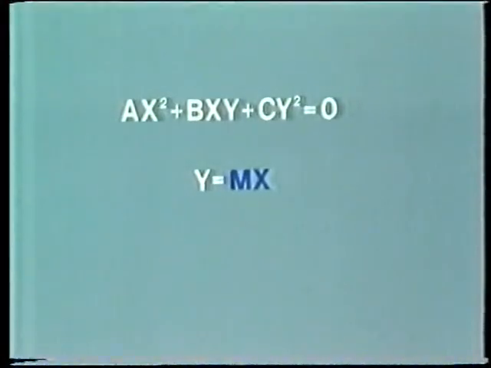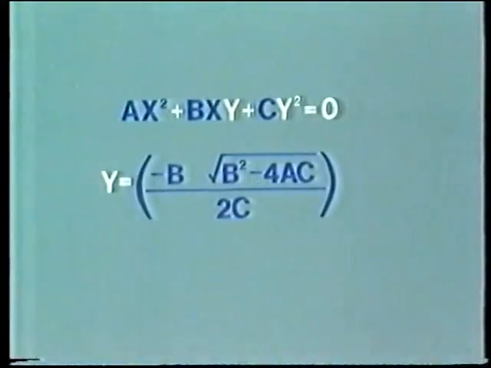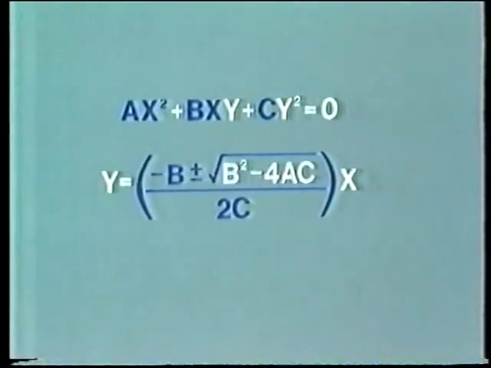Well, we can look at it as a quadratic in y, and we can use the formula to solve it, which gives us y equals something times x. And there are two values of the something, one for plus and one for minus. So if this rearrangement works, we do have two straight lines. But the formula only works if b squared minus 4ac is positive.